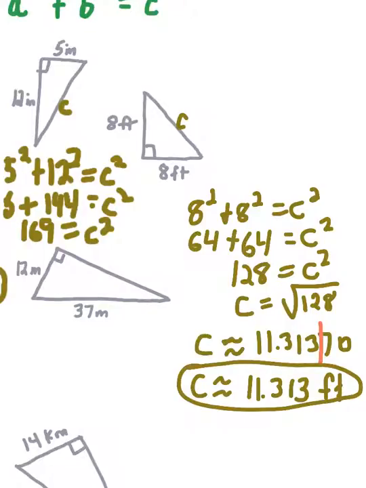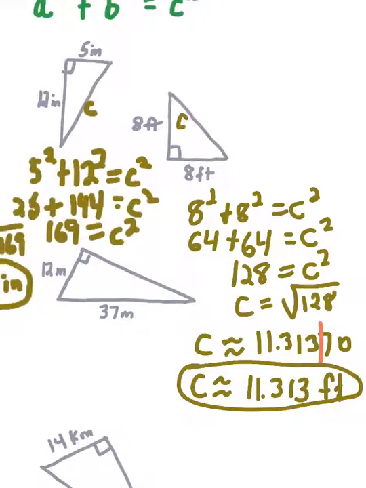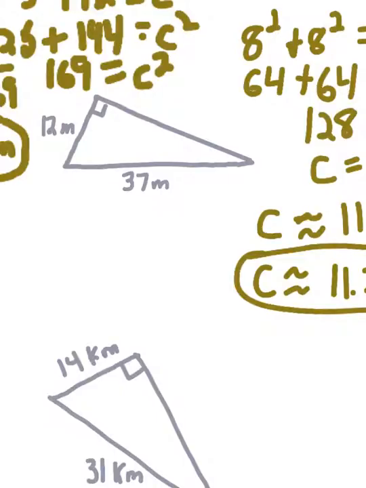Now let's focus on this example right over here. Let's next look at this triangle, where I have a leg of 12 meters.